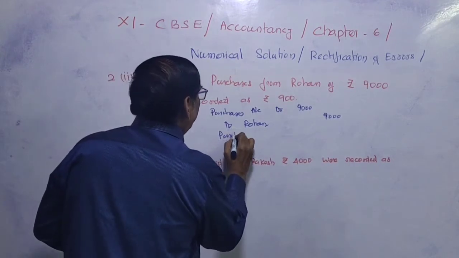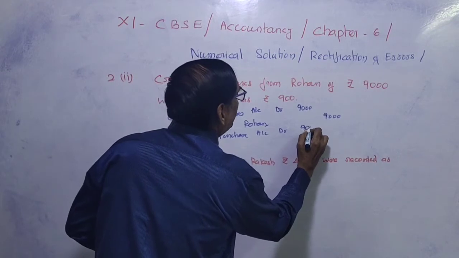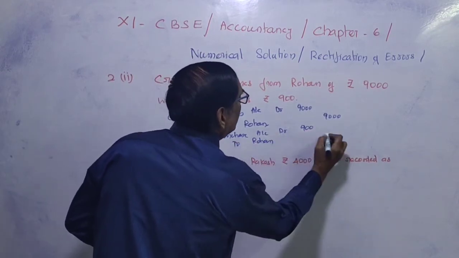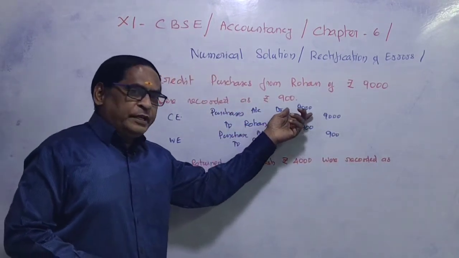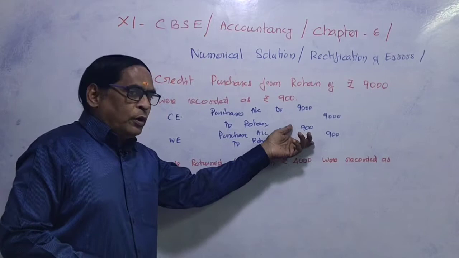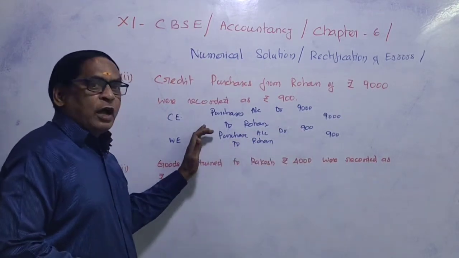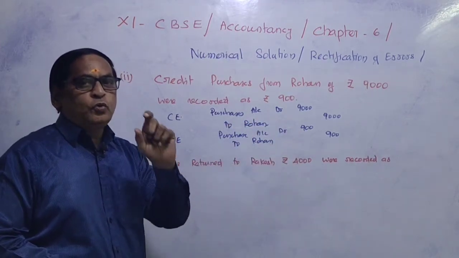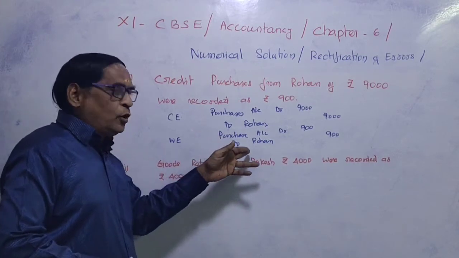Purchases account debit for 900 rupees to Rohan, 900 rupees. That means the actual amount is 9,000 rupees, and the wrong entry is for only 900 rupees. So what is the difference? 9,000 minus 900, so 8,100 rupees, decreased in both the purchase account and the Rohan account.